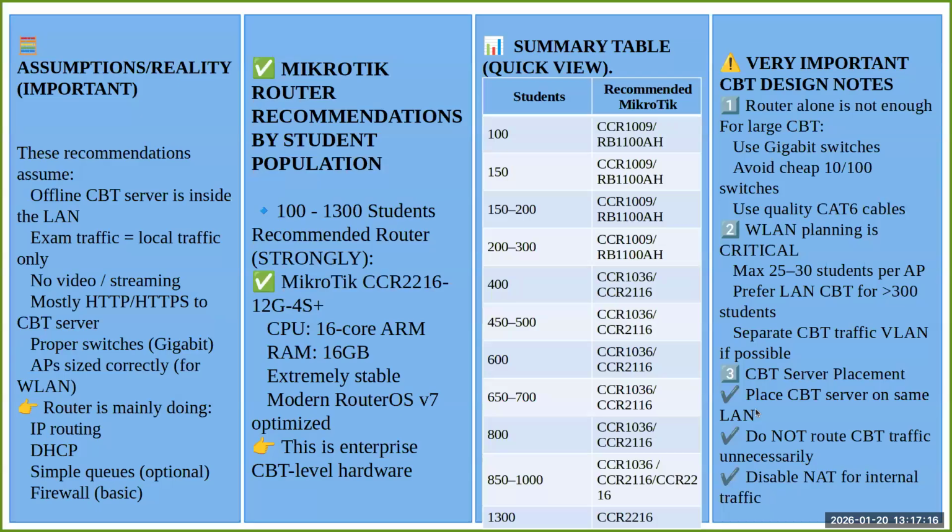Then proper switches. And take note, they must all be gigabit. Don't go and buy a Fast Ethernet switch. I'm repeating, don't go and buy a Fast Ethernet switch. Buy gigabit switches. And our APs, access points, must be sized correctly.